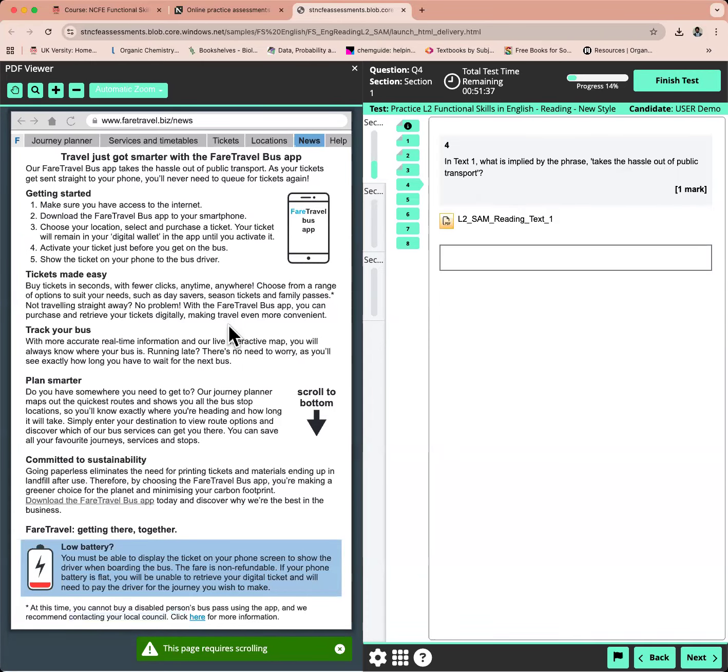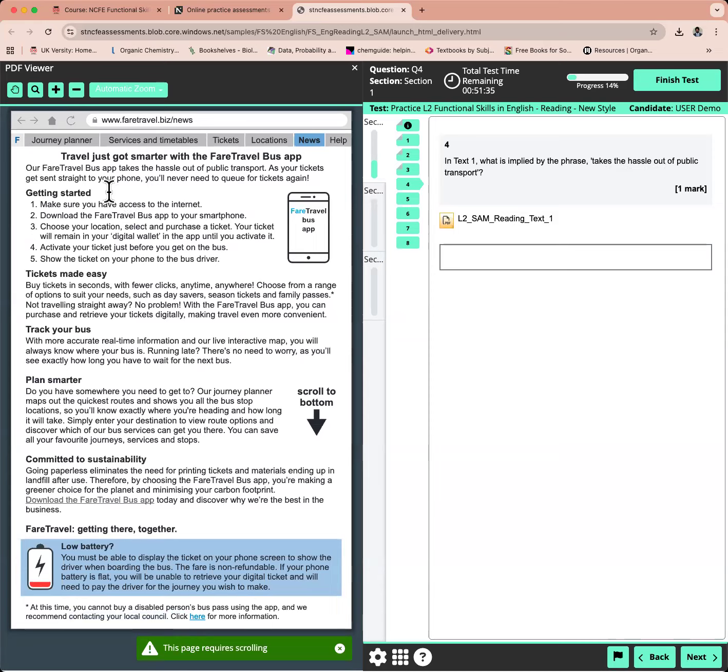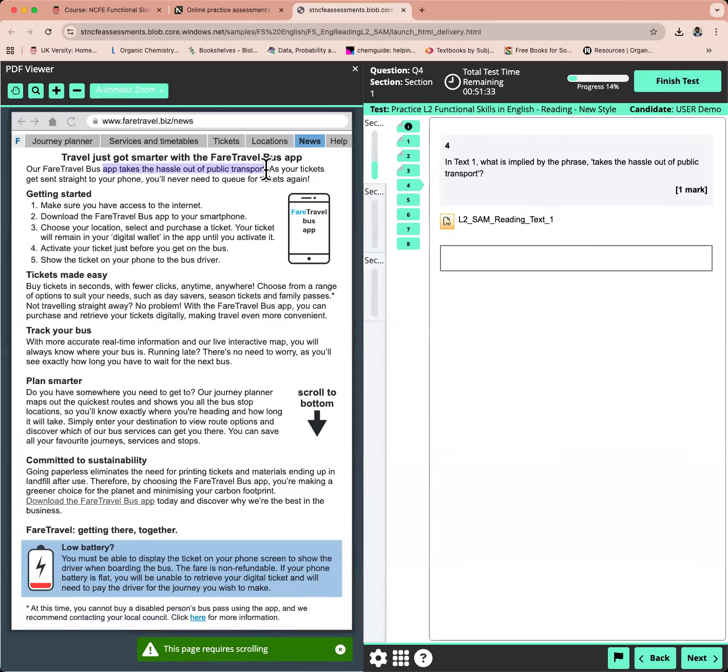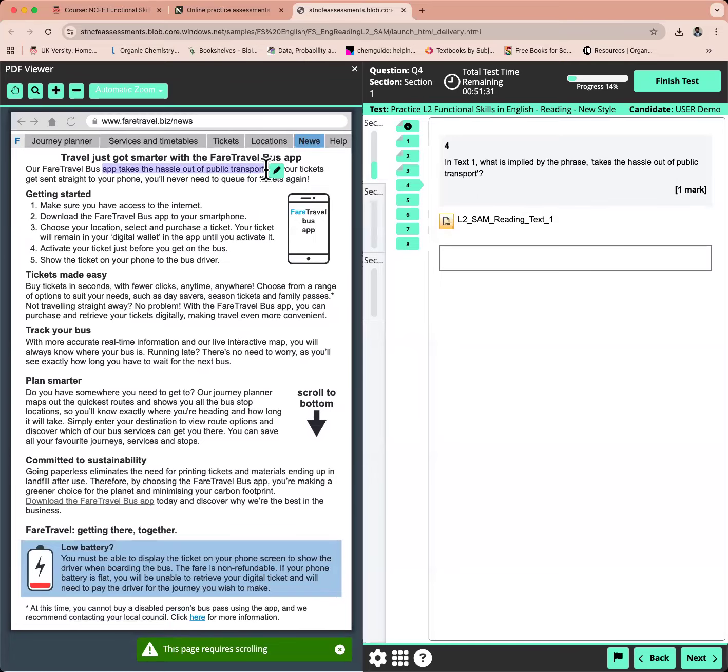So here, when it says taking the hassle out of public transport, this particular phrase here, what does it mean? We need to be able to understand this. This is where, when we look at the topic list which is on Moodle, let me bring that out.